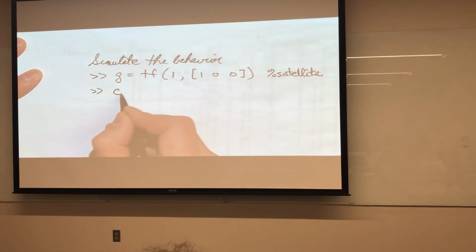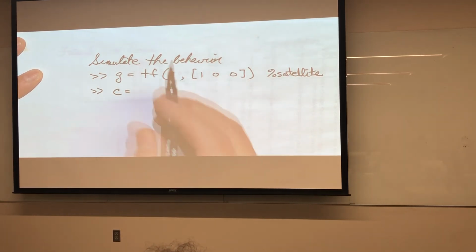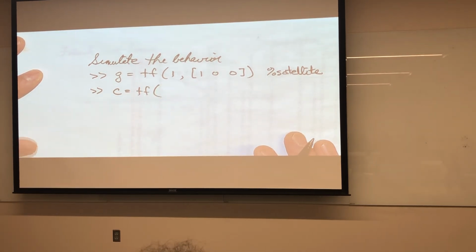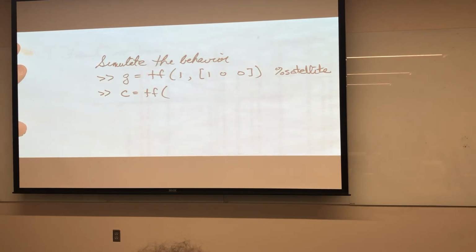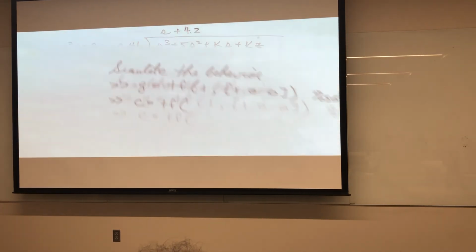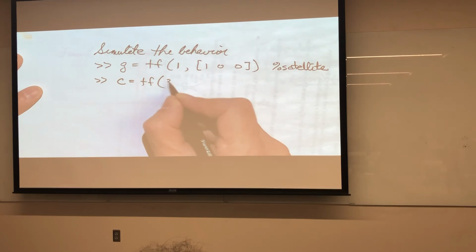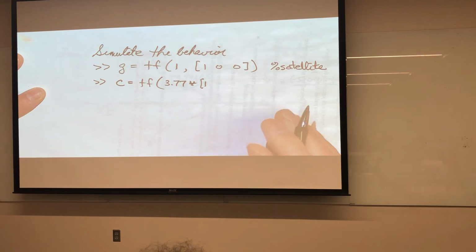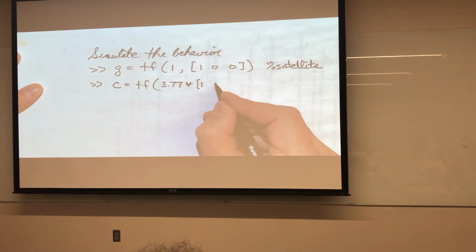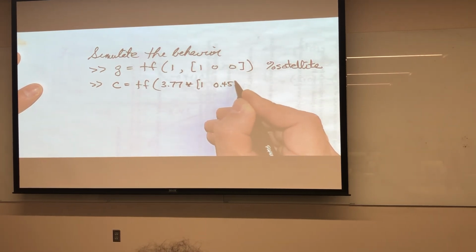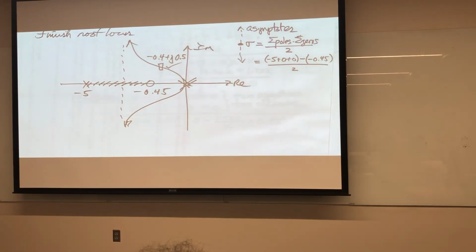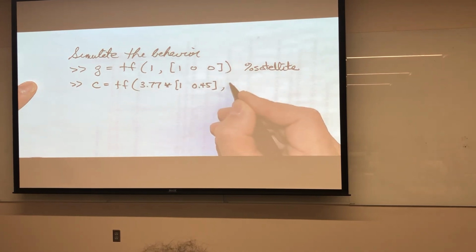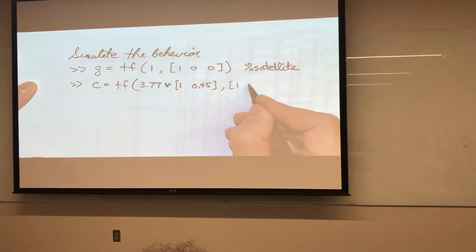And then we have a compensator. The compensator is a transfer function. K was, let's see, what was K? K was 3.77. So I have 3.77 times s plus 0.45. I think that's what z was, right? Z was 0.45.